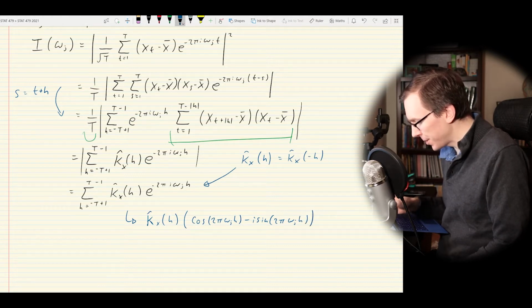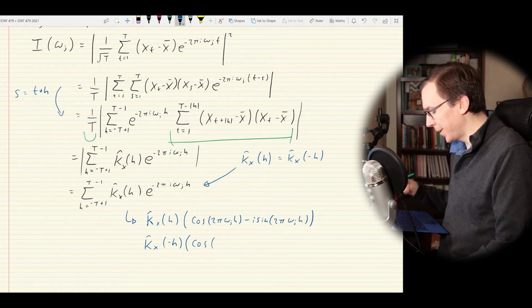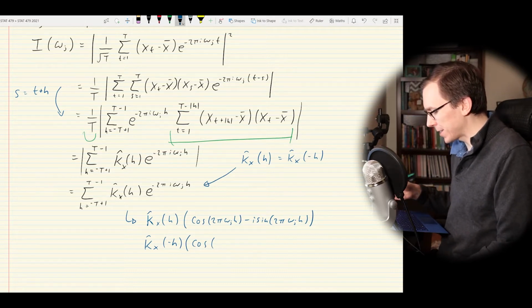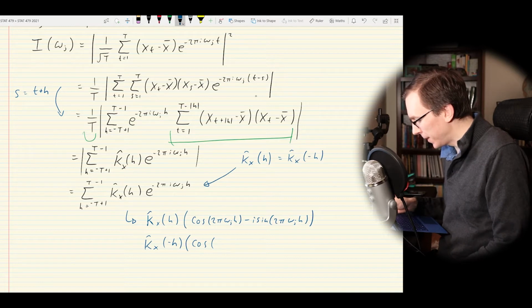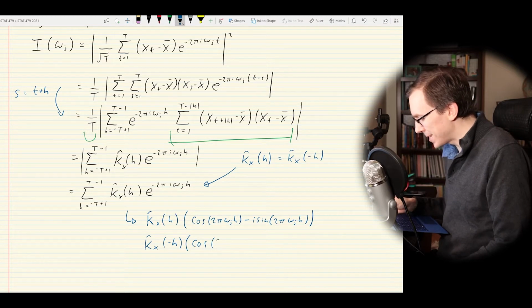But then we would also have a term that looks like k hat at minus h. The autocovariance is an even function, so I can just get rid of that minus sign. The cosine is even, therefore we still just get a 2 pi omega j h.